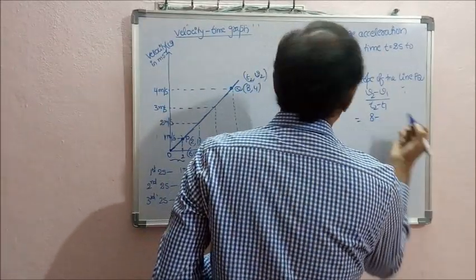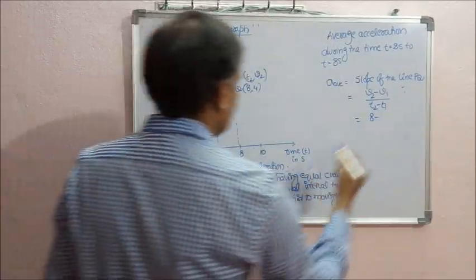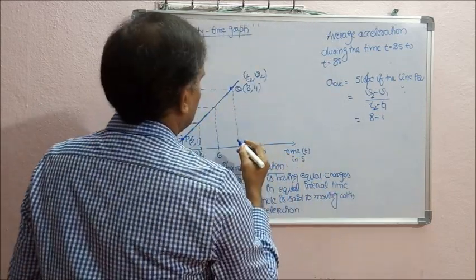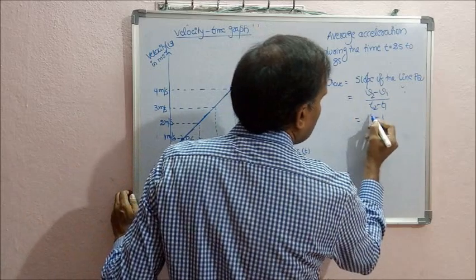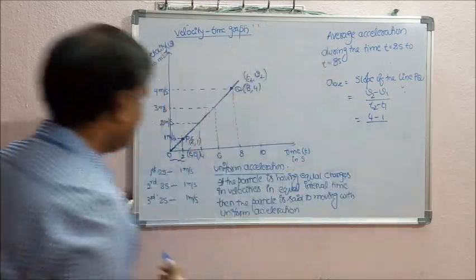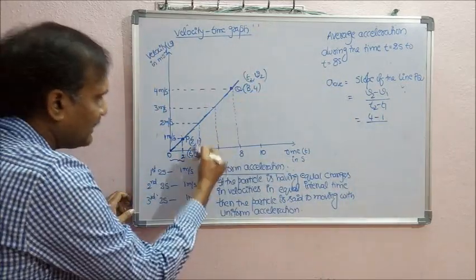Then it is equal to v2 minus v1, that is 4 minus 1, divided by 8 minus 2.